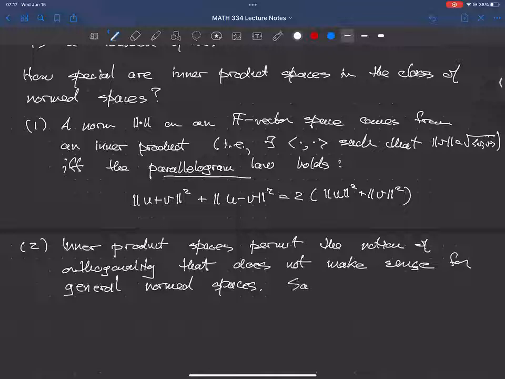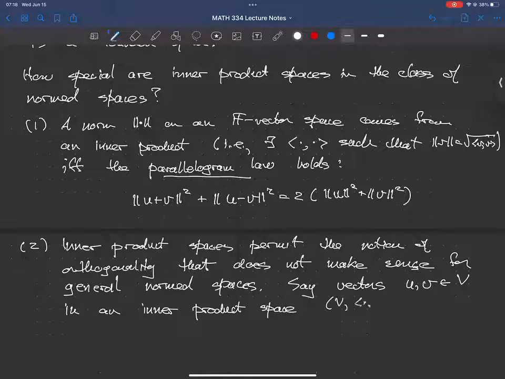So we say vectors u and v in an inner product space are orthogonal if the inner product of u and v is equal to 0.